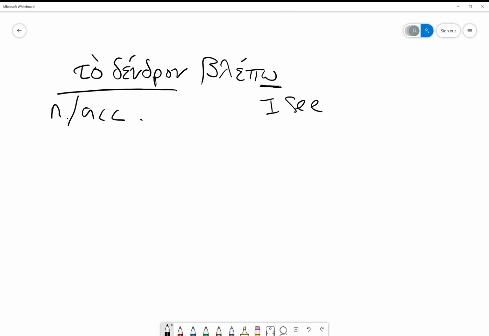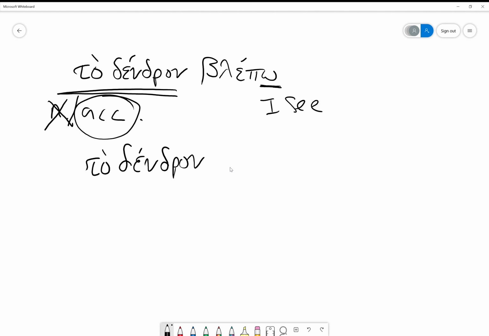So the dendron cannot be nominative because we have a first person verb here. I am the subject, not the tree. So I see the tree. It has to be accusative. I can also say that the tree, here's an example with the nominative. To dendron phuei. Okay, phuei is "to grow."